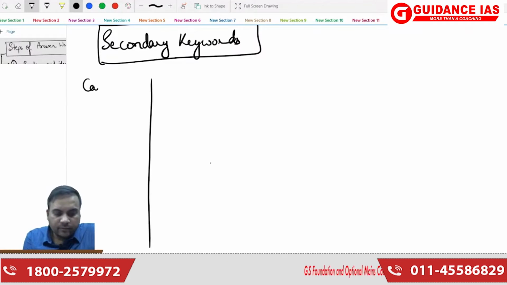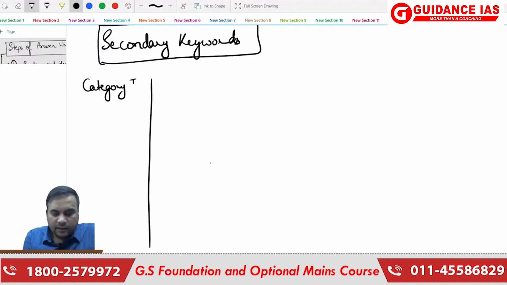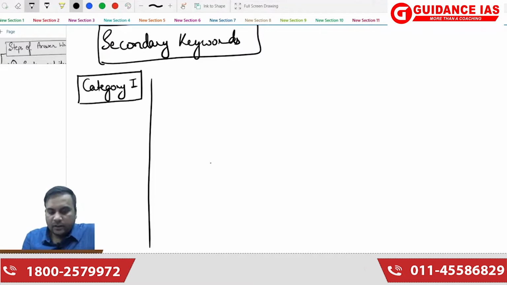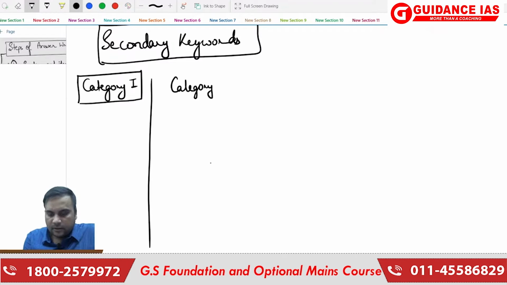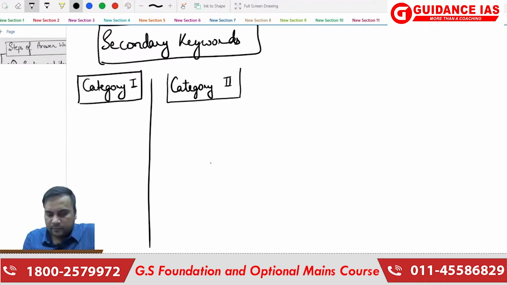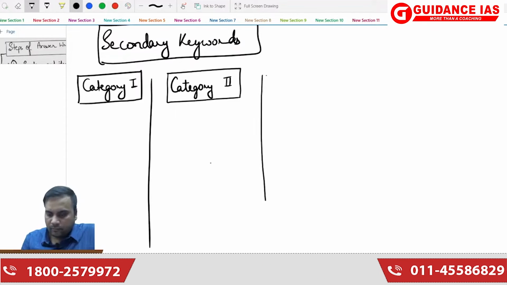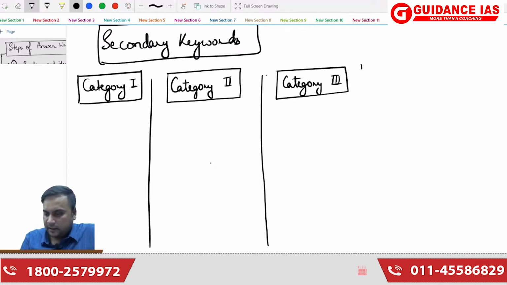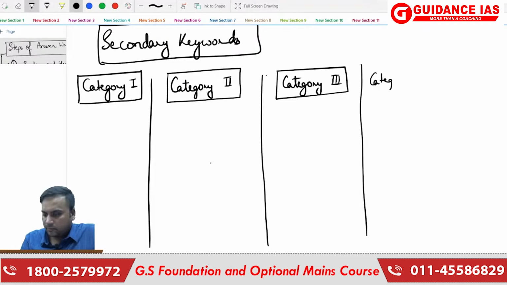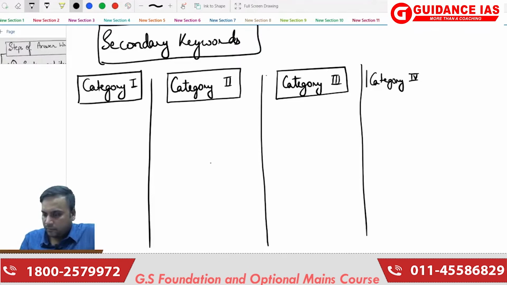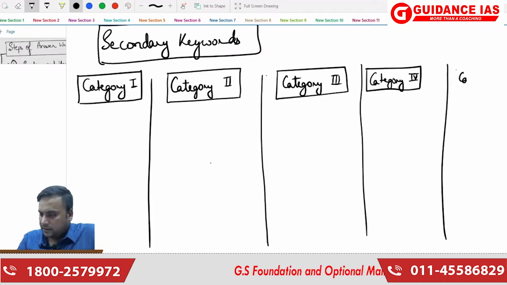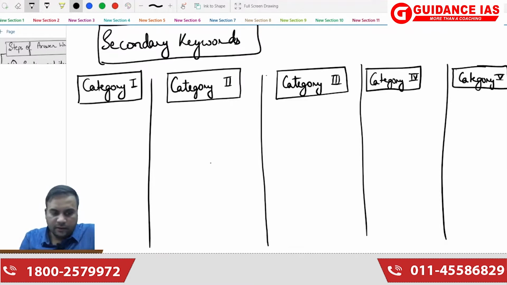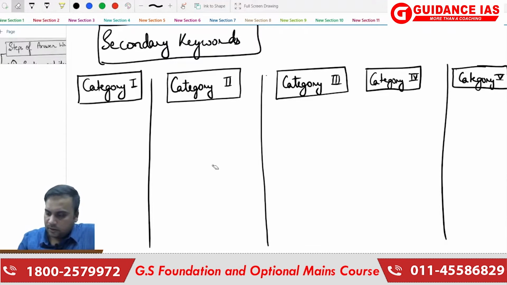There is category 1, category 2, category 3, and finally category 5. So, there are 5 types of keywords.